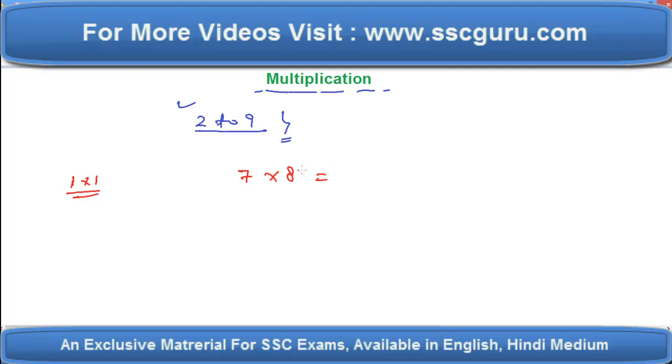Therefore we can do it using the table: 8 7s are 56. So whenever you have to multiply a one-digit number by another one-digit number, always use the table.